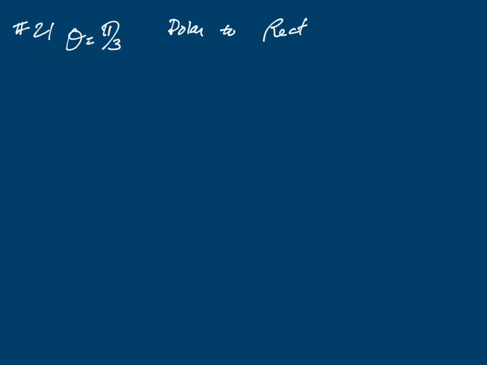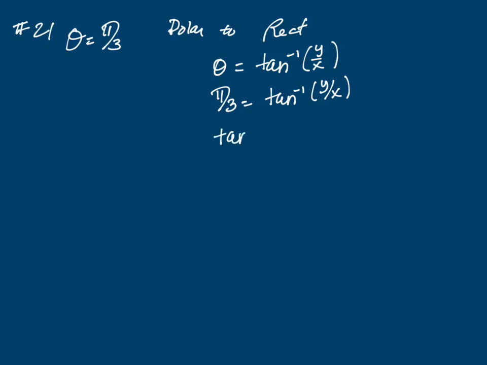So we are going to say that theta is equal to the inverse tan of y over x. So let's just say pi over 3 equals the inverse tan of y over x. And that just means that the tangent of pi over 3 is equal to y over x.